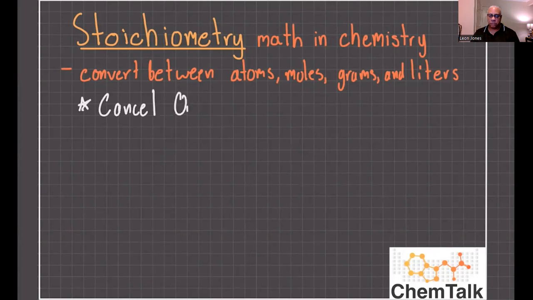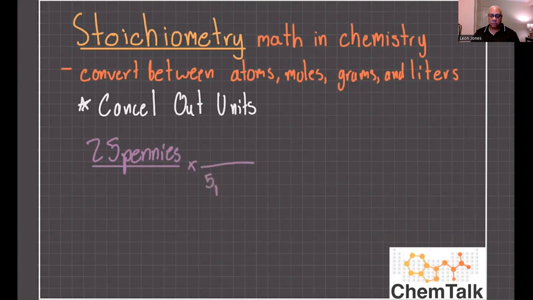In this example, we have 25 pennies, but we don't know what it converts to in terms of quarters. But we do know the conversion to nickels, so we'll start with that. Say for every 5 pennies, we have 1 nickel. We make sure the units are canceling on both sides of the line, pennies on the top left, and now pennies on the bottom.